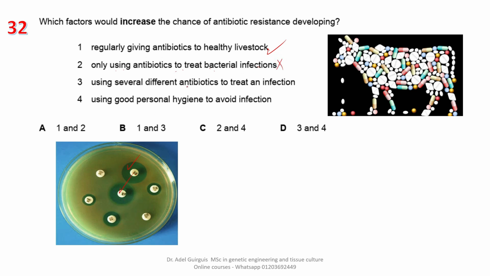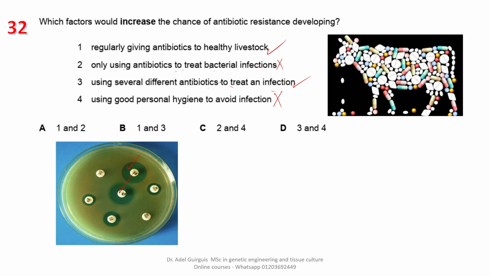Using several different antibiotics to treat an infection, this would increase the chance of evolving antibiotic resistant bacteria. Using good personal hygiene to avoid infection decreases the chance of infection and decreases the chance of bacteria evolving antibiotic resistance.